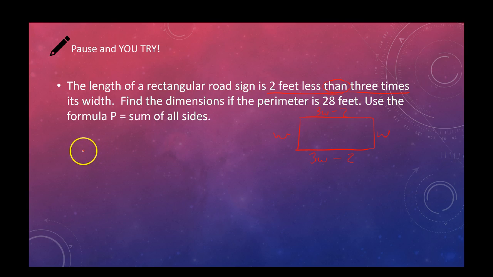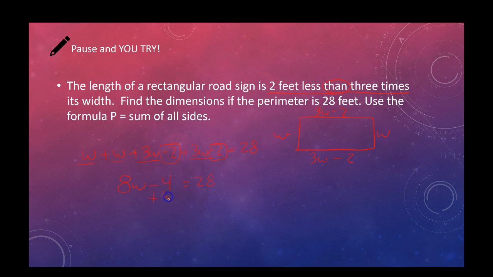So now we have expressional pieces for all of them. So this would be a width plus a length, which is 3W minus 2, plus another length, which is 3W minus 2, and that would equal a total of 28. So that means I have 1, 2 W's, 5 W's, 8 W's, and then I have -2 and -2, which is -4.